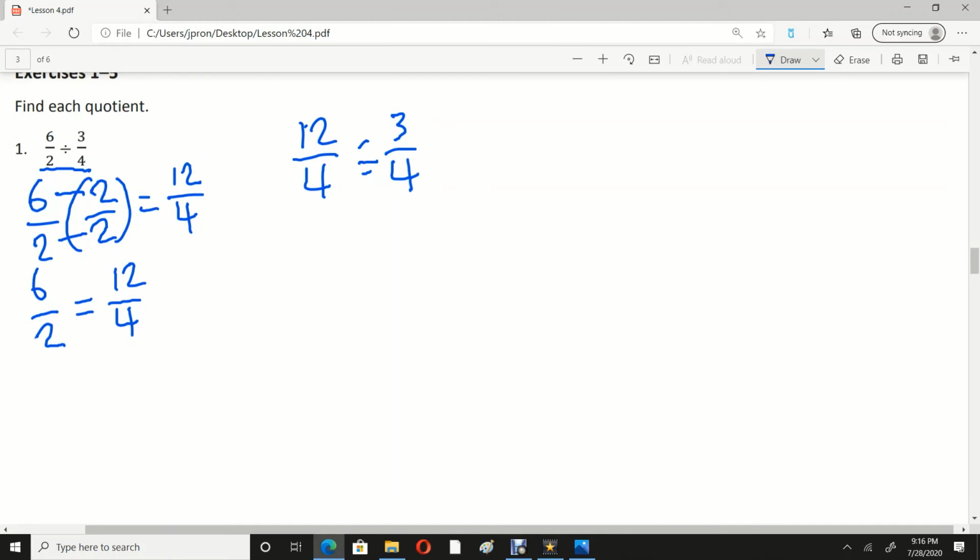Now that the denominators are common, I can factor out my denominators and just divide the numerators. 12 divided by 3, or 12/3. Since this does have a perfect solution, 12 can be divided by 3 evenly. 12 divided by 3 happens to be 4.